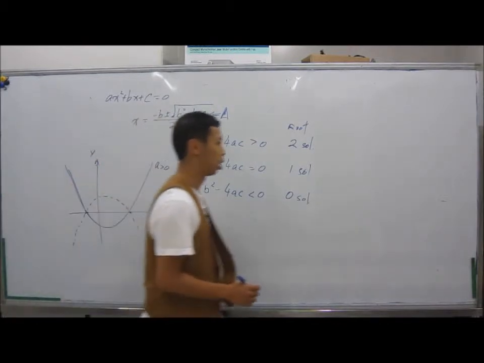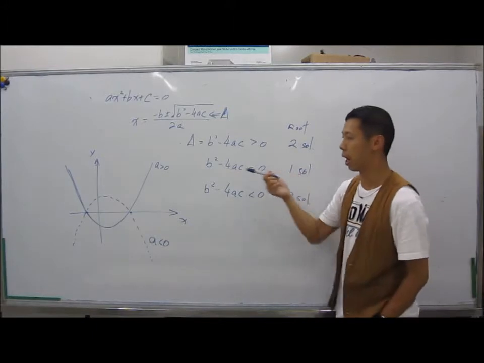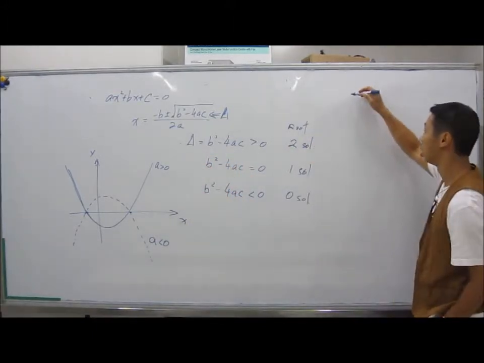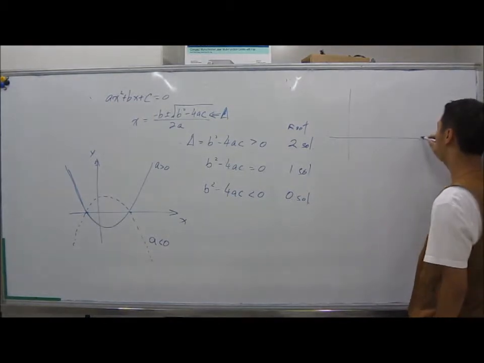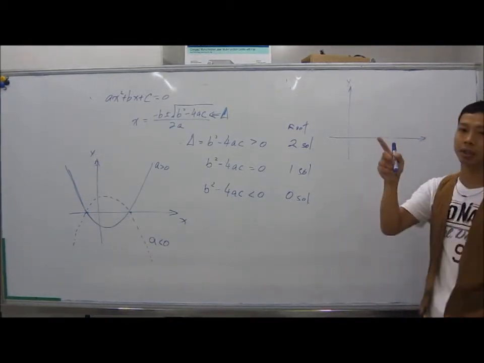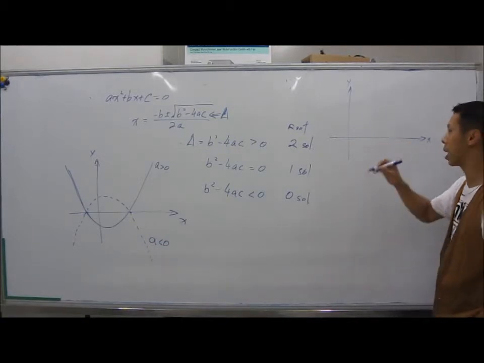Next, we are talking about when delta equals 0, whether a is positive or negative. On the graph, we only have one solution, which means one point on the x-axis.